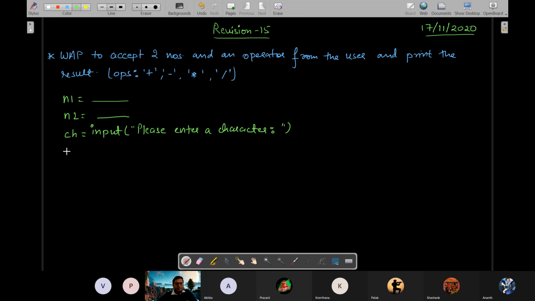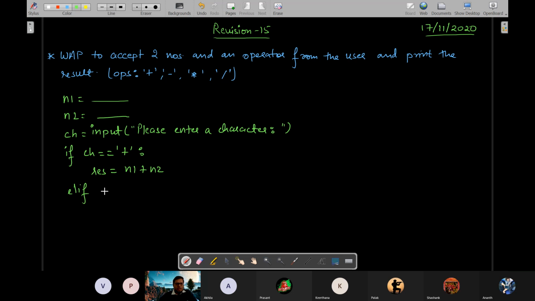Okay. Then you can check if ch is double equals to plus, then result is equal to n1 plus n2.